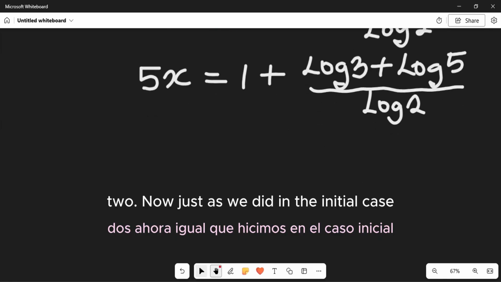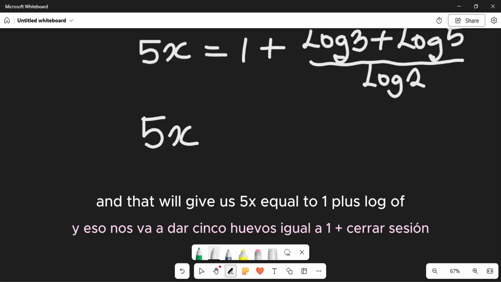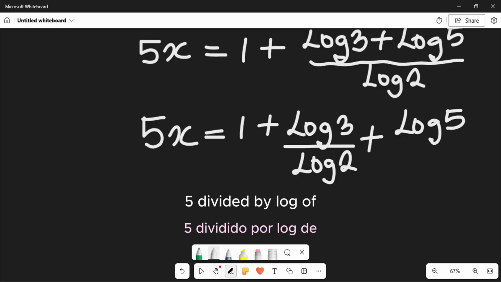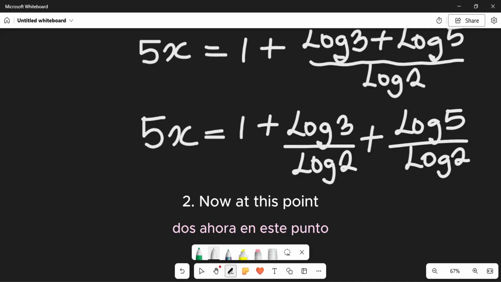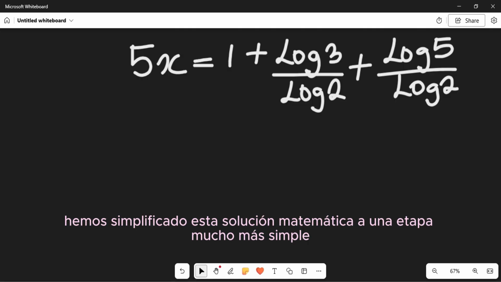Now, just as we did in the initial case, we're going to separate that, and that will give us 5x equal to 1 plus log of 3 divided by log of 2 plus log of 5 divided by log of 2. Now at this point, you can see that we have simplified this maths solution to a much simpler stage.